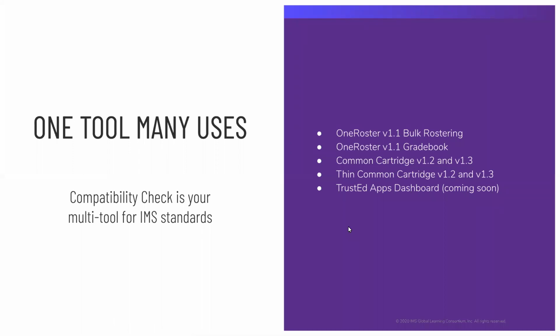So how did we get here? Why do we need Compatibility Check and what's it doing? Well, whether you're a district or a supplier, Compatibility Check is about making standards work for you. For districts, it's about answering that question of, will this work? Whether you're using OneRoster for your rostering or whether you're working with common cartridges, are they going to behave the way you expect? Is the data you're sending to your vendor the data you think you should be sending?